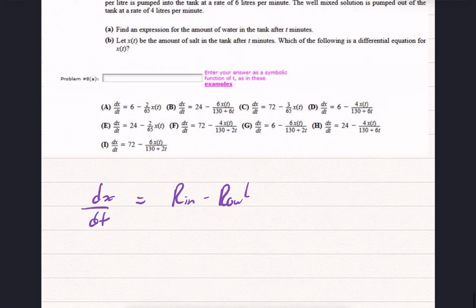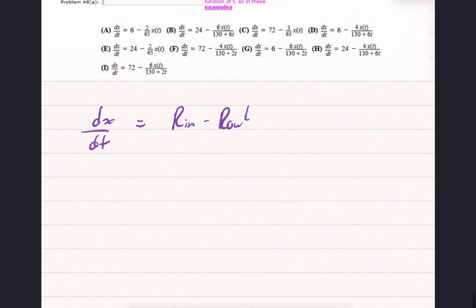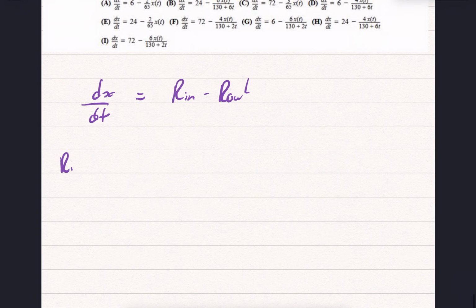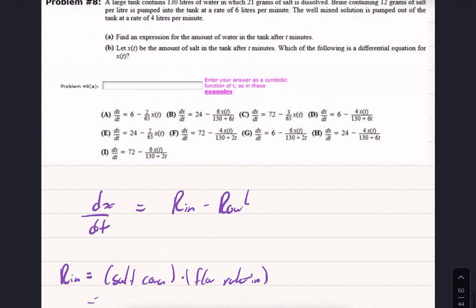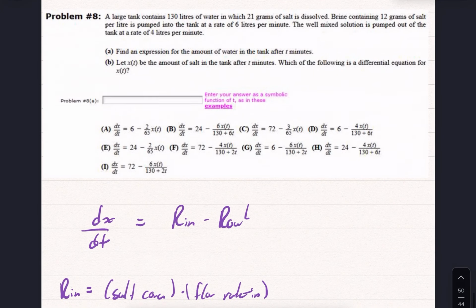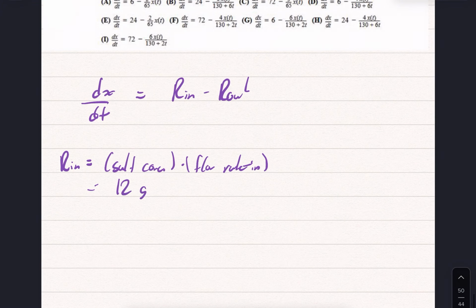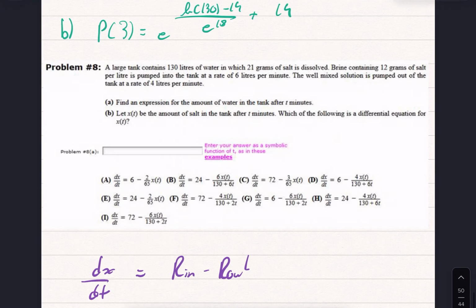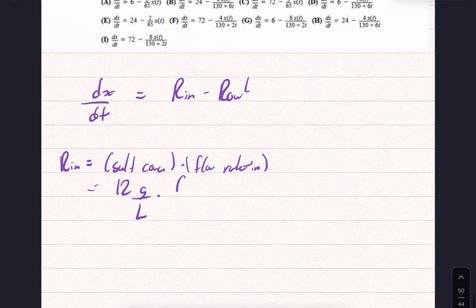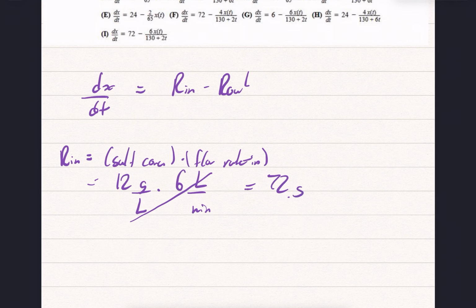R in minus R out. So R in is easy. R in equals the salt concentration times the flow rate in. What's my salt concentration? 12 grams of salt per liter. So 12 grams per liter times the flow rate in, which is 6 liters per minute, cancels. We have 72 grams per minute rate in.